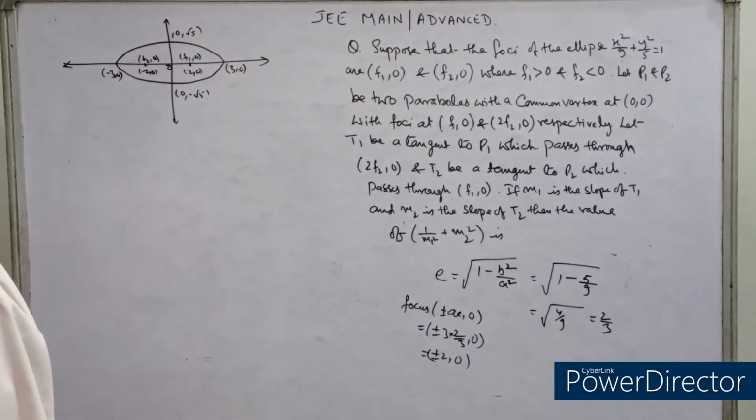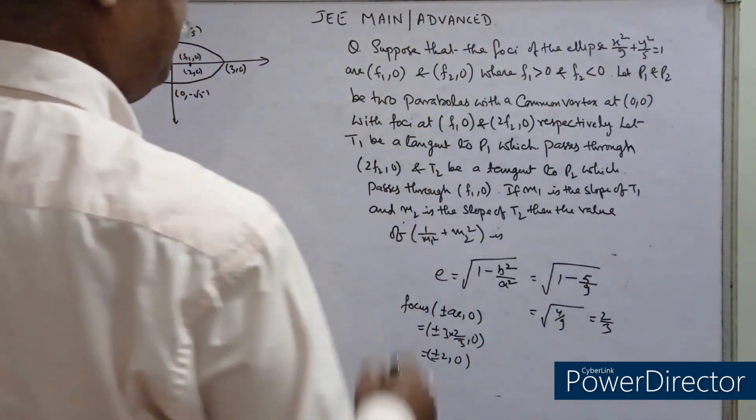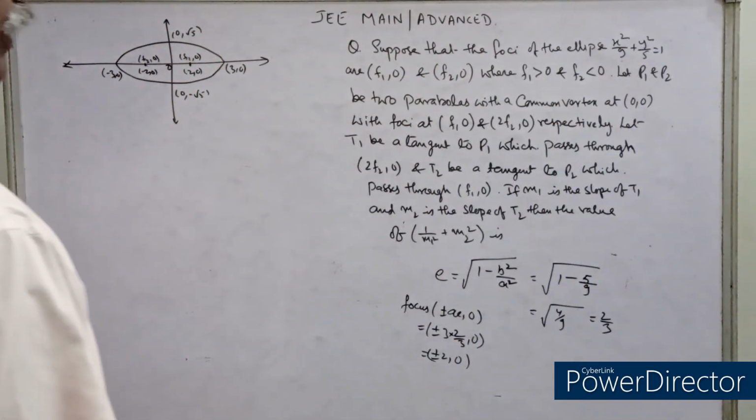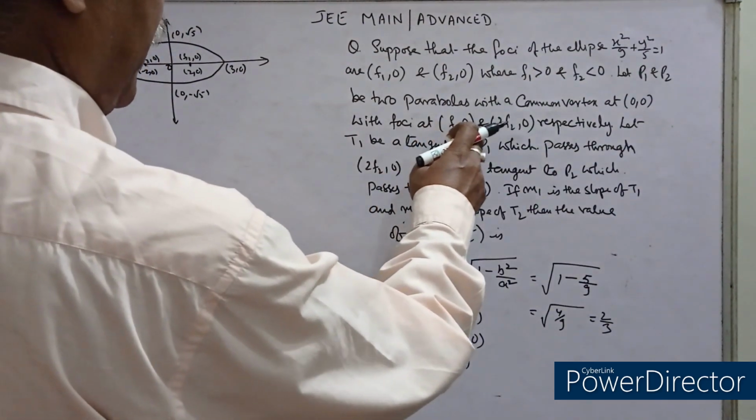Now again, there are two parabolas P1 and P2 with common vertex 0 0 and foci f1 and 2f2.